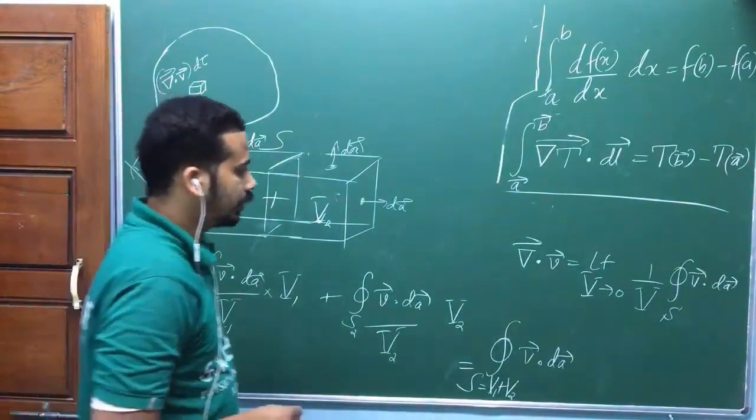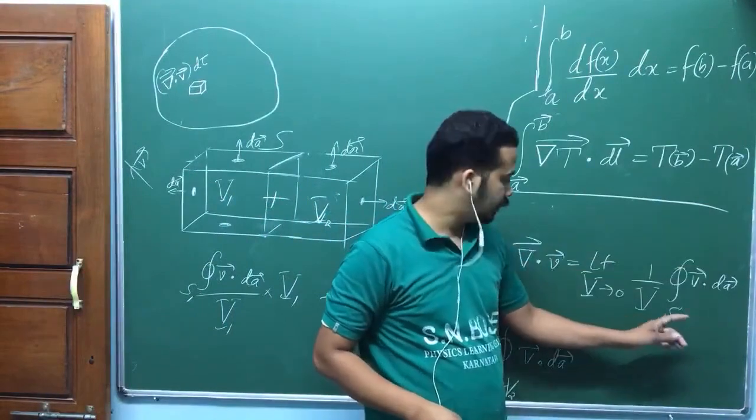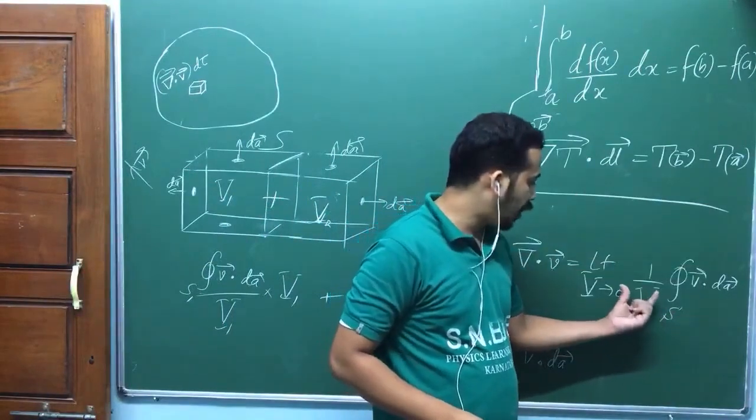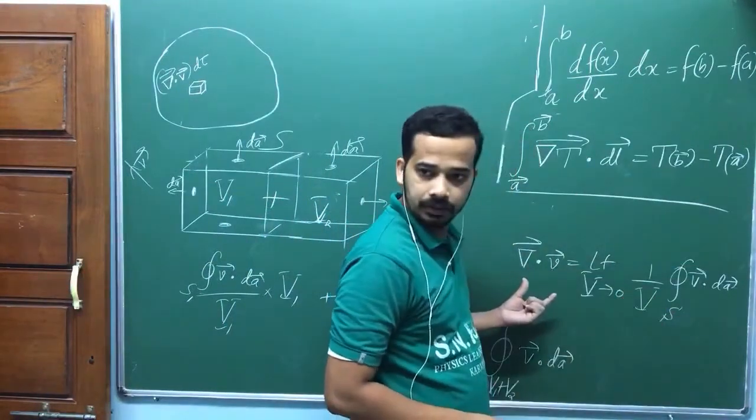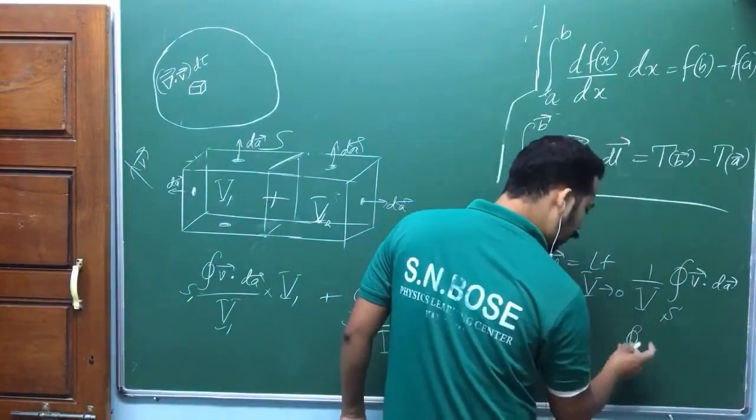Now look at here. So the divergence is the volume density of the flux, am I right? So now you can take this small volume into this part, isn't it? So this is a very small surface integral.